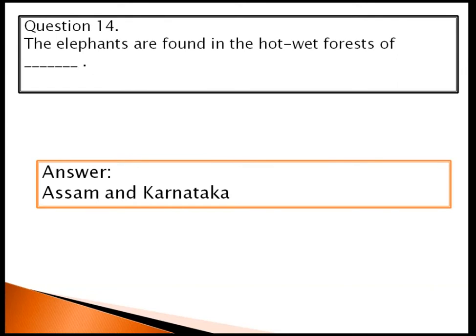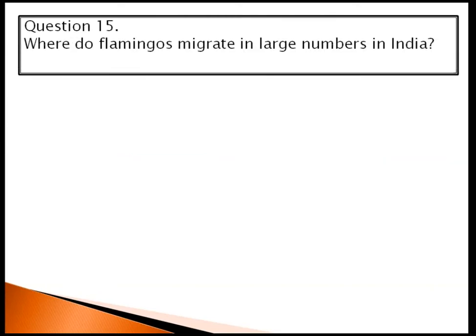Question number 15. Please read the question properly. Where do flamingos migrate in large number in India? So you have to suggest the name of the place for this answer.